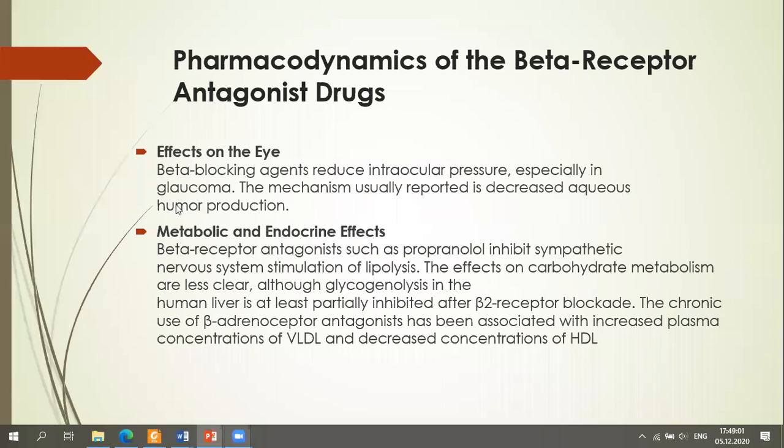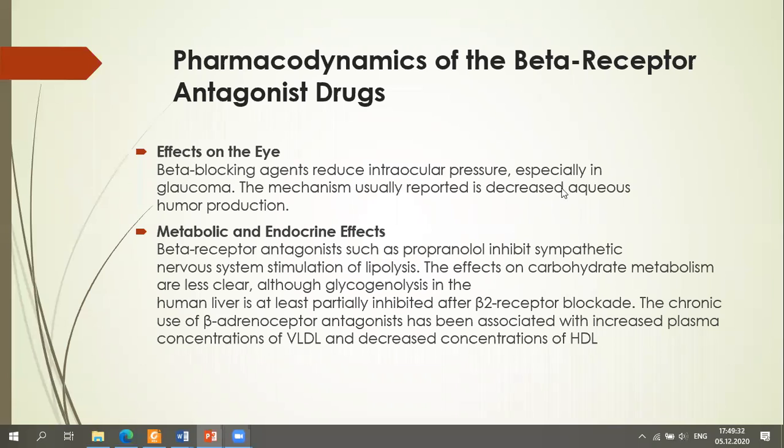Aqueous humor is the liquid which fills this space. What is aqueous humor actually? 99.9% of this liquid is water, and 0.1% of it is different substances like proteins and other compounds.